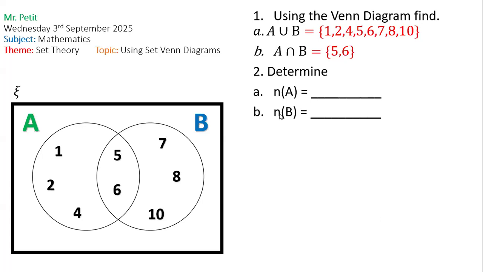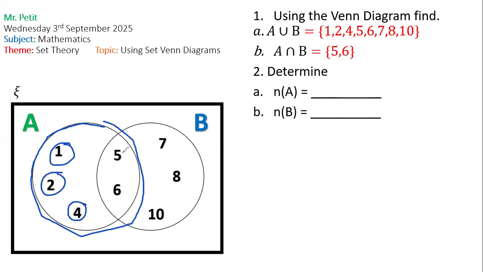So, let's go ahead and draw or outline them, right? Please understand when we say A, we're talking about all of A. That means we're talking about this element, this element, this element, this element, and this element.